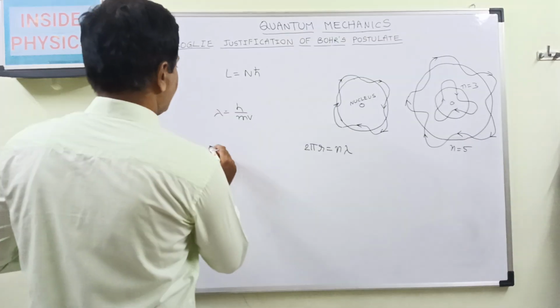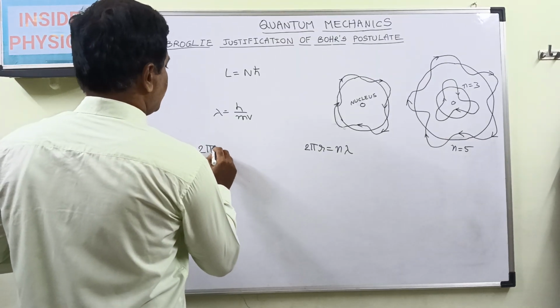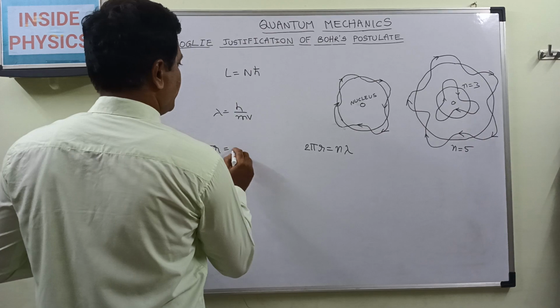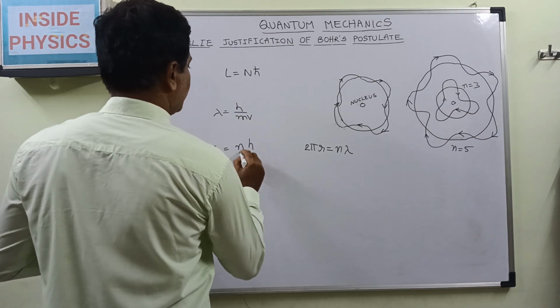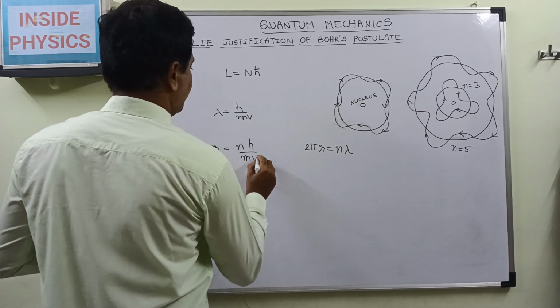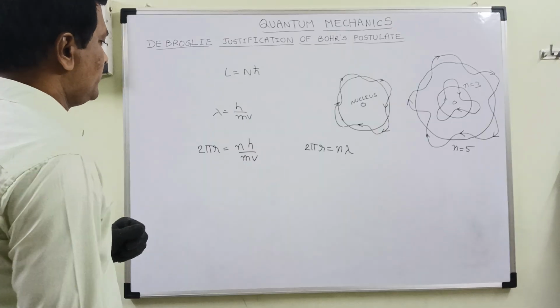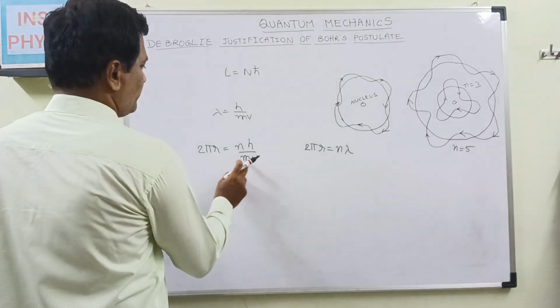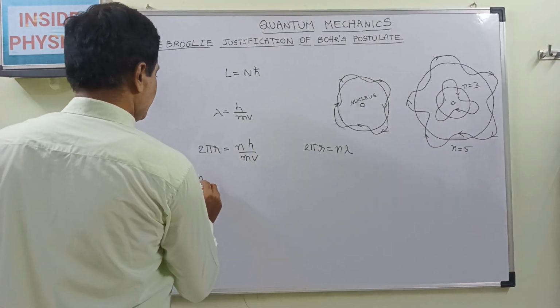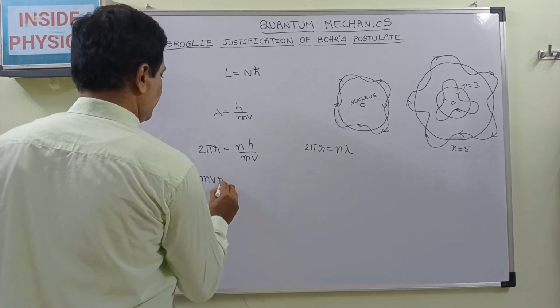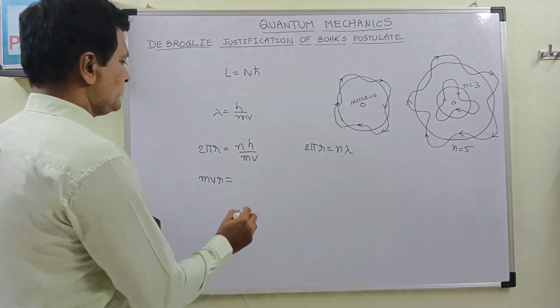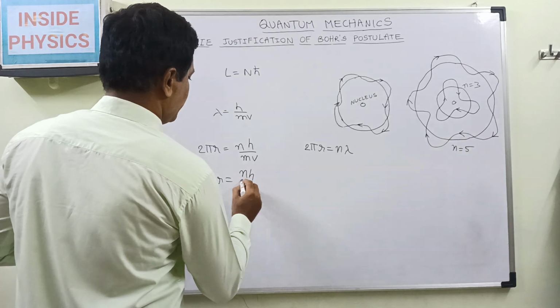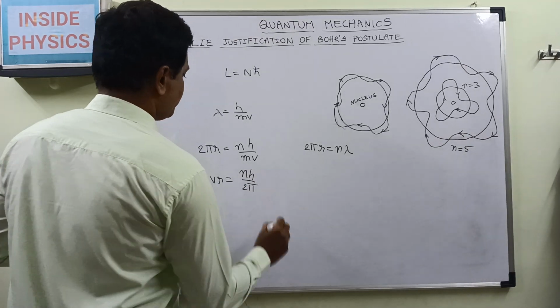In this equation we put lambda equal to h by mv. If we take mv to this side, we may write mvr is equal to n h by 2 pi.